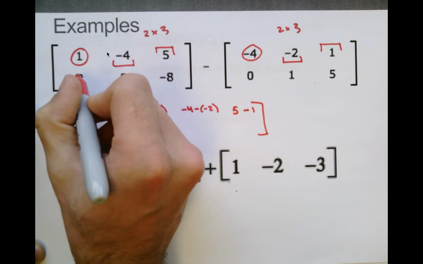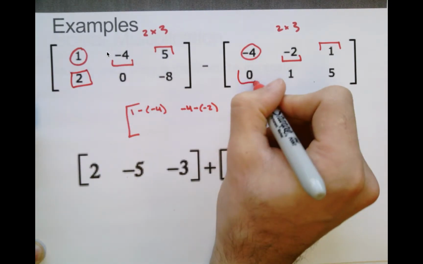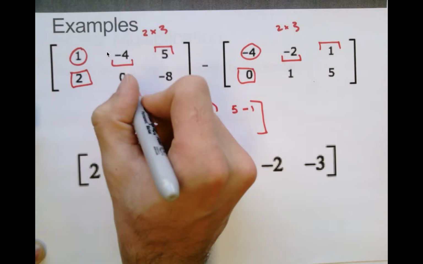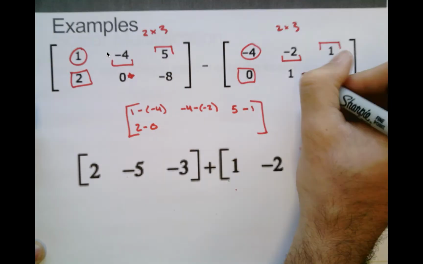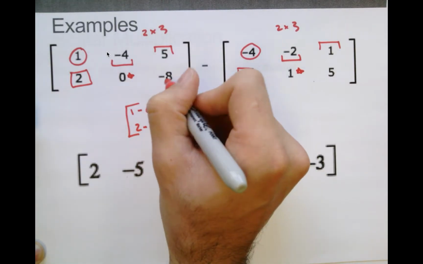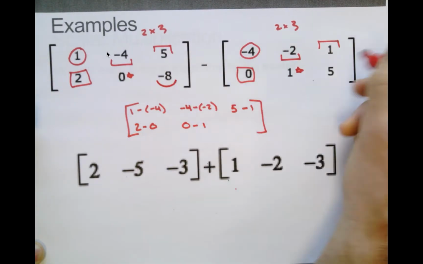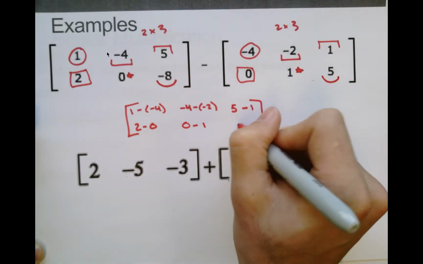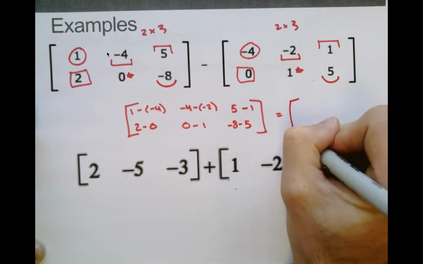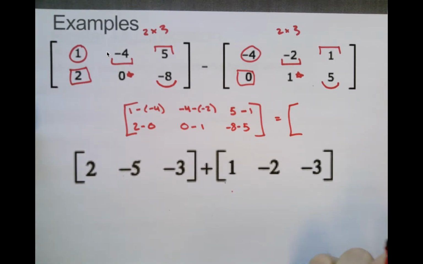And I'm going to go through the same thing in the bottom. 2 minus 0, the corresponding entries are going to be combined. Then 0 minus 1. And last but not least, negative 8 minus 5.